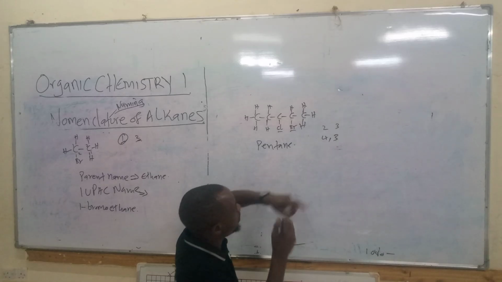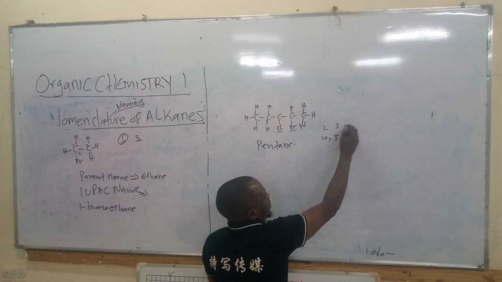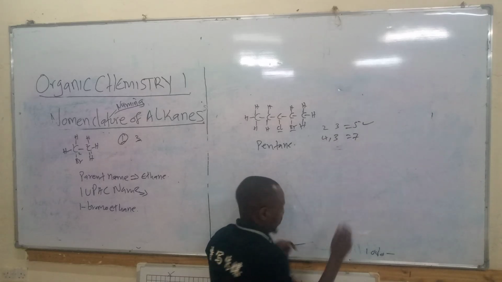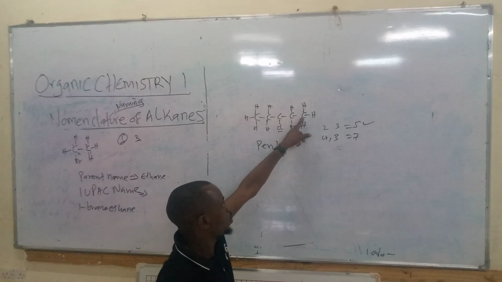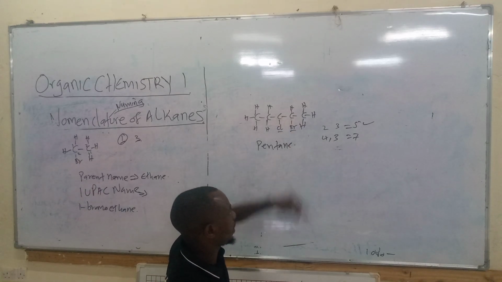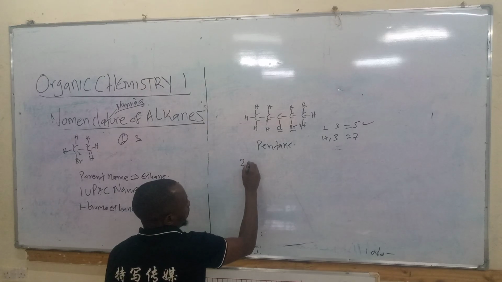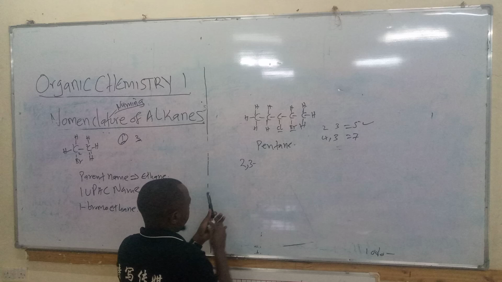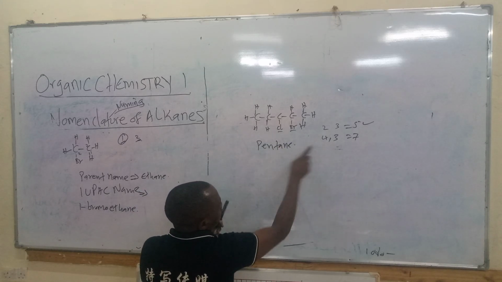Look at this: 2 plus 3 is 5, and 4 plus 3 is 7. So we go by the lowest, which is 2, so we start from this side. Bromine is on carbon 2, and chlorine on carbon number 3. They are different, that is why you cannot combine them.